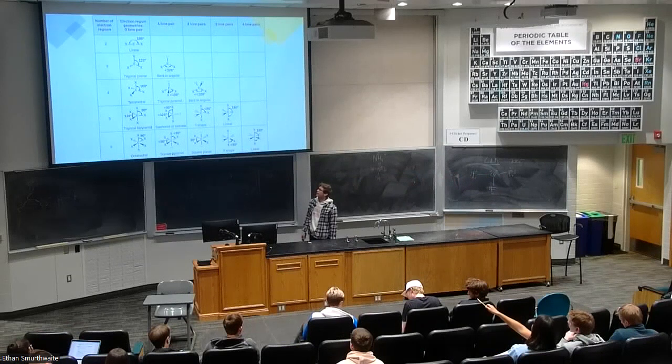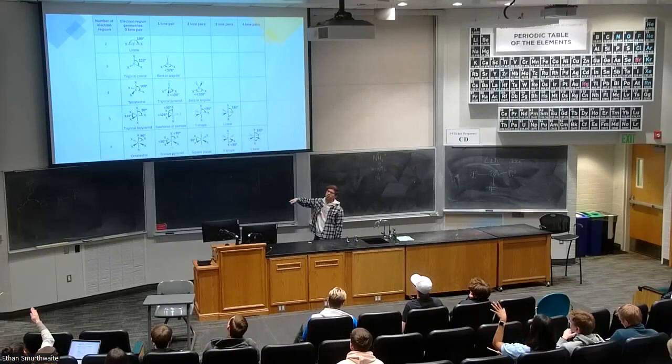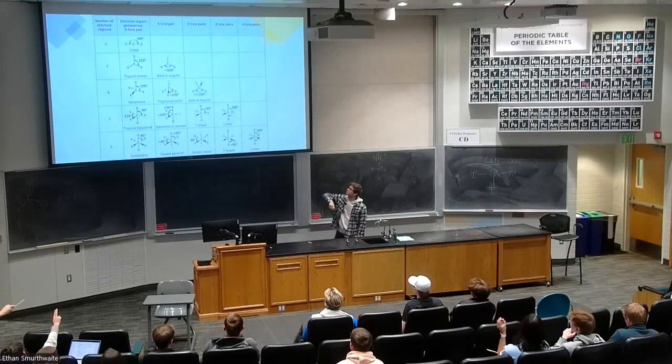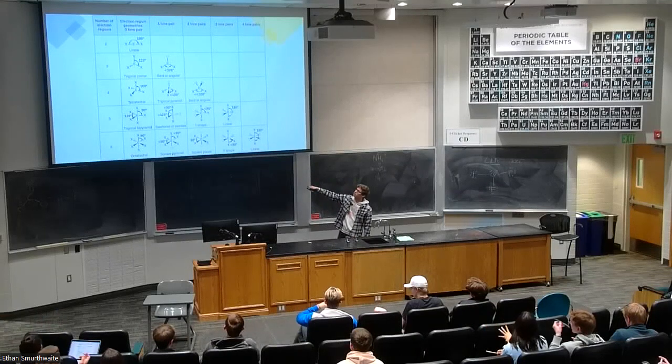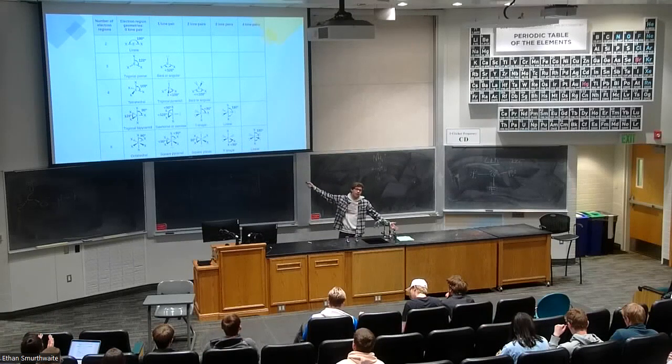Okay. I have a question for you guys. If you have a lone pair on trigonal bipyramidal, where is the lone pair going to go? Is it going to go on top? No, it's not going to go on top. Why not? Yeah, true.